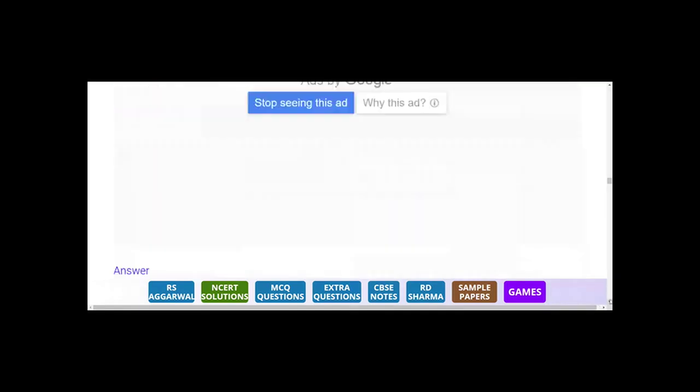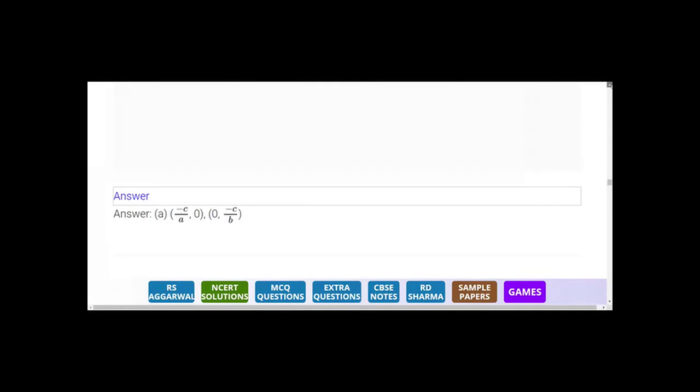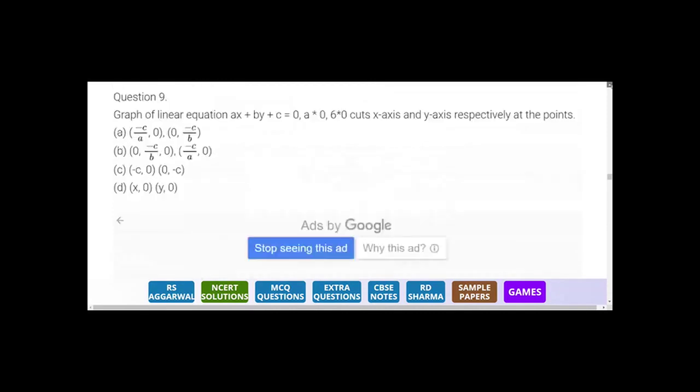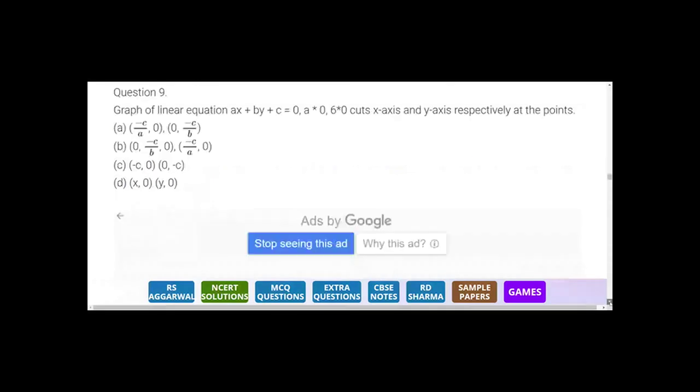You want to take option D? They have given minus C by A, 0 and 0 comma minus C by A. How do you get minus C by A? They have substituted this, I think. This is not very clear.